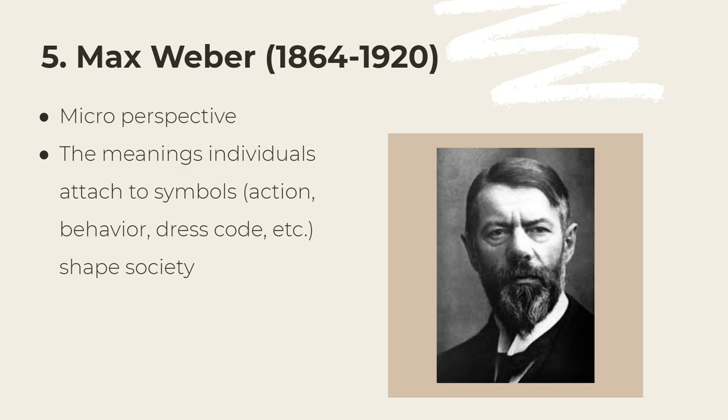So whether it's language, our actions, how we wear, what we wear, how we behave, and so on. So we look at how we exchange information with each other and the meanings that we attach to these symbols, and how they shape how we see each other and how we see ourselves, and how we act accordingly based on those perceptions.